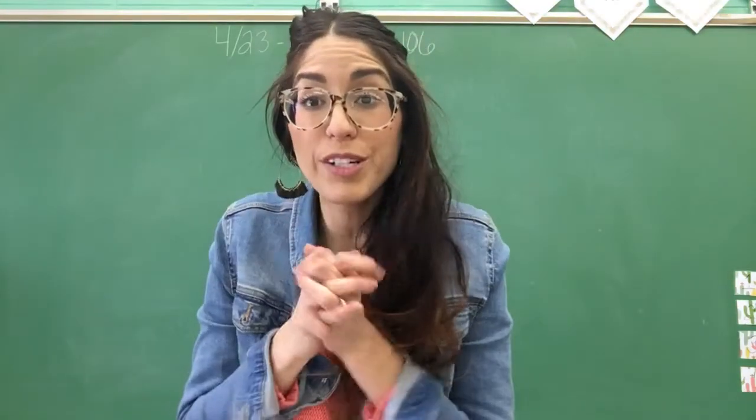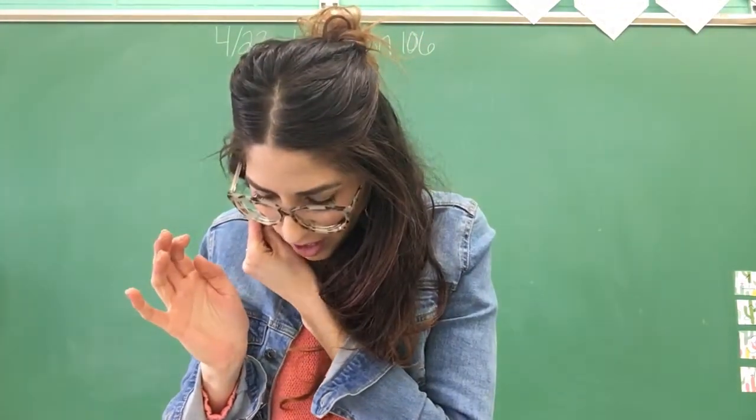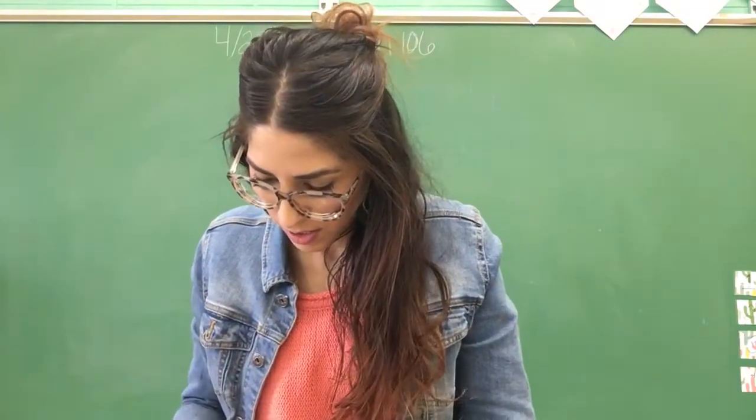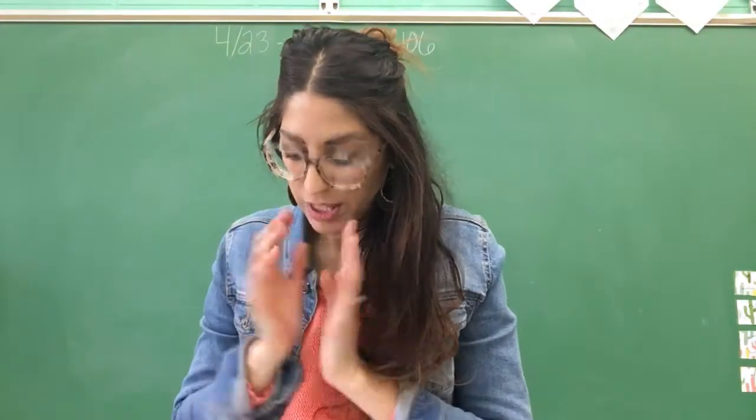Okay, how many whole squares did you count? Yes, I counted 24 whole squares. Very good. And how many half squares? Very good. So there are 6 half squares, right?